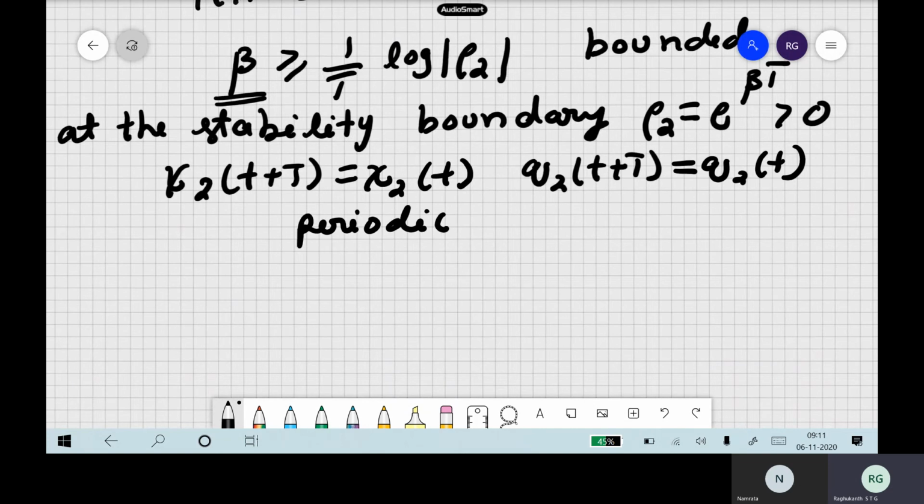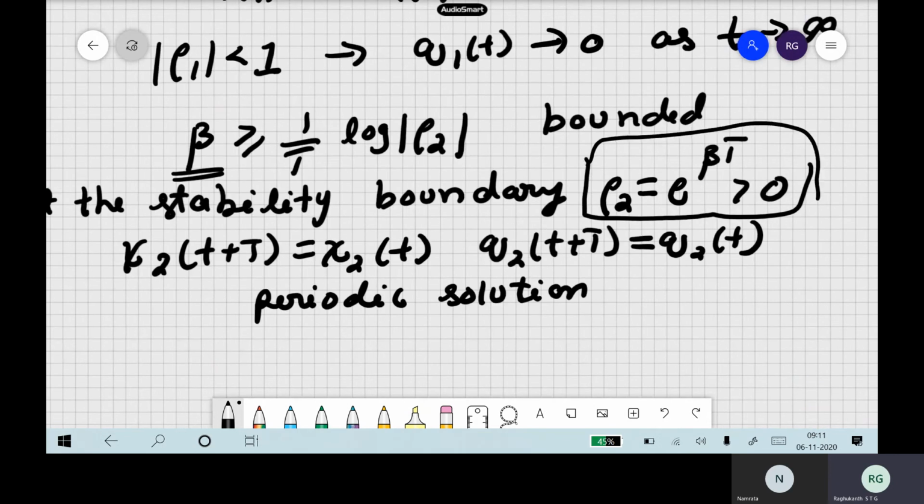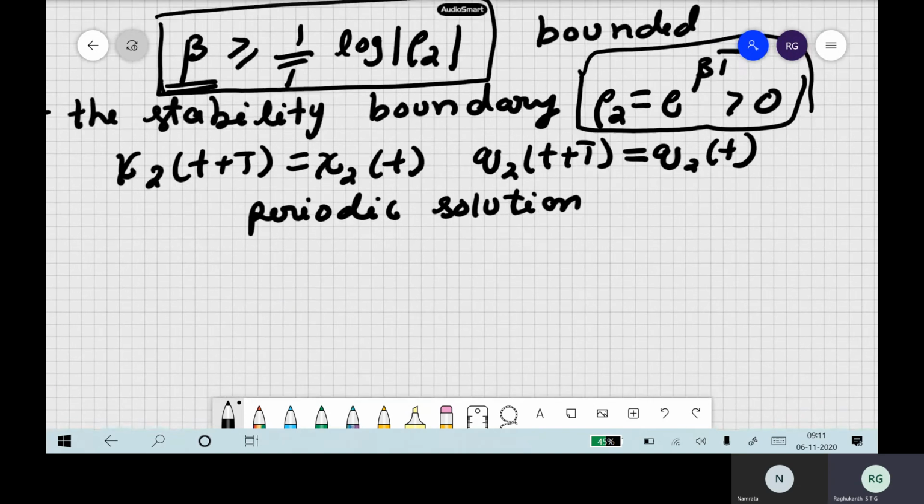Like whatever we did previously, it is the same. There we calculated for plus 1 and minus 1, now we have to do this with the expression ρ2 equals e to the power of βT. This is our stability boundary, because this is the controlling thing which comes into the picture. So we get a periodic solution of period capital T itself.